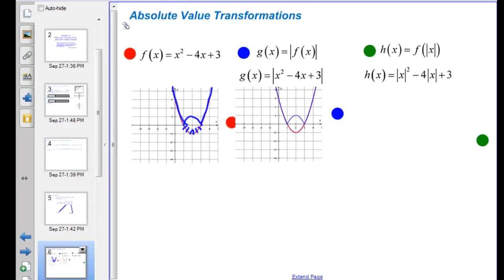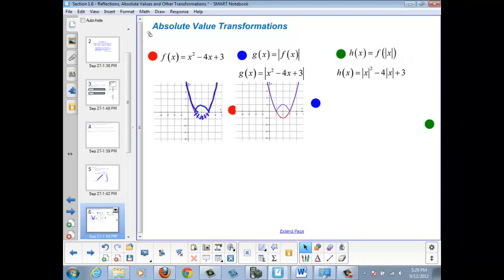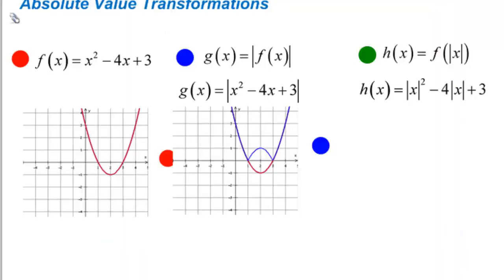So the other way we could apply the absolute value operation in my function is to take the absolute value of every x in the equation before determining our y value. All right, well, let's start with our original graph and think about how that operation would affect the graph.